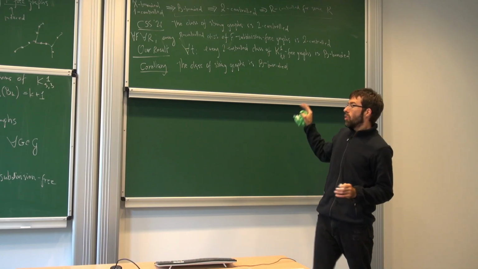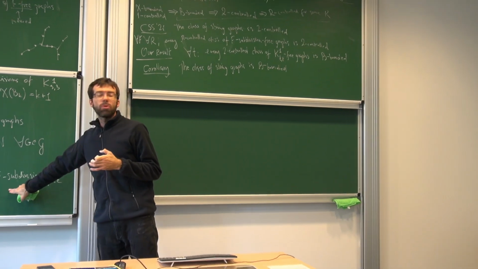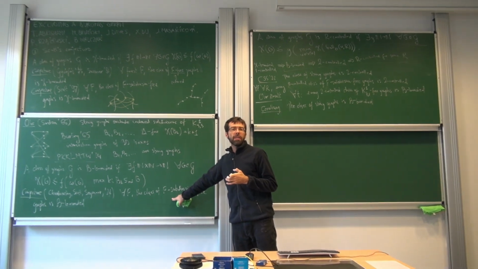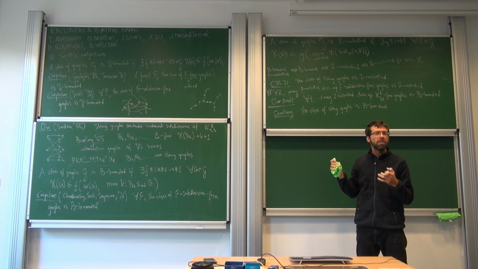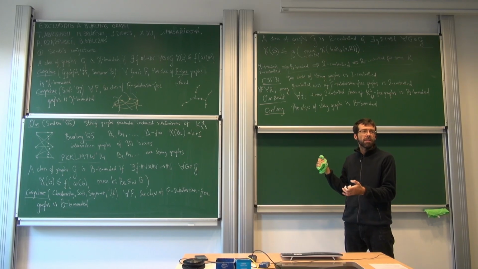So now, what remains to prove this conjecture? In view of this result, it just remains to prove that whenever we have a class of F subdivision free graphs, then it's two-controlled.